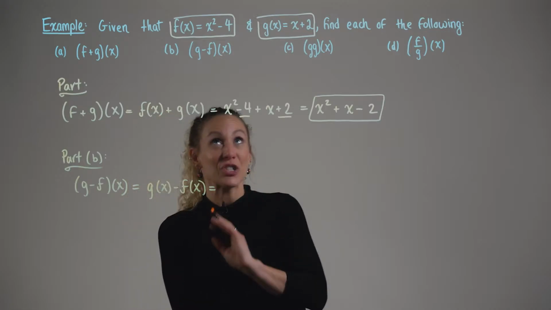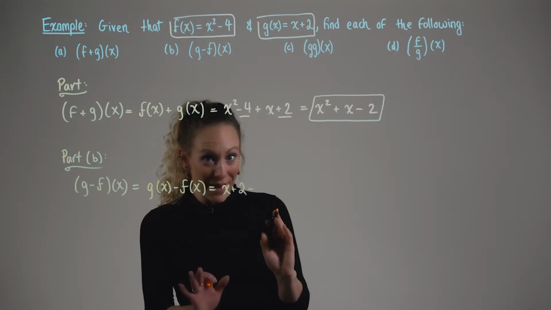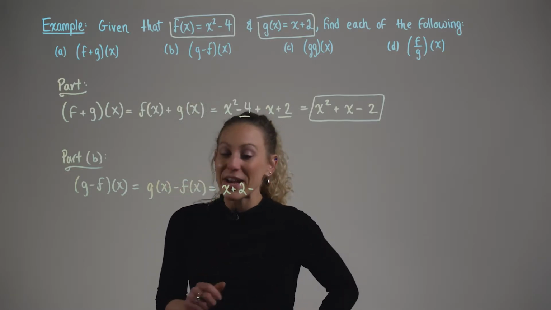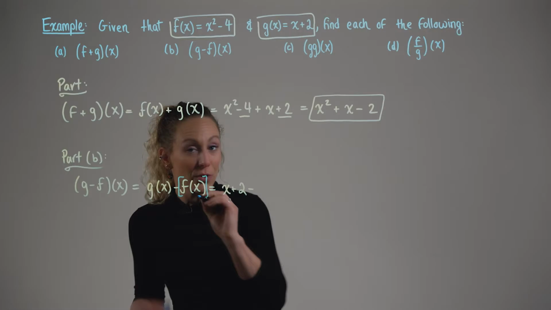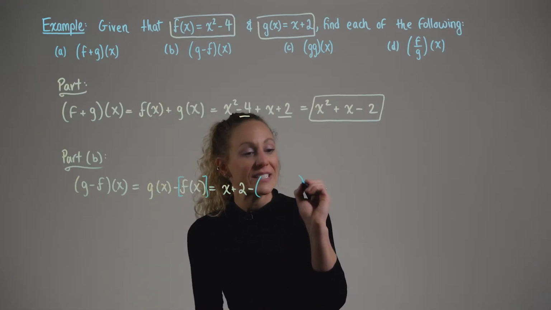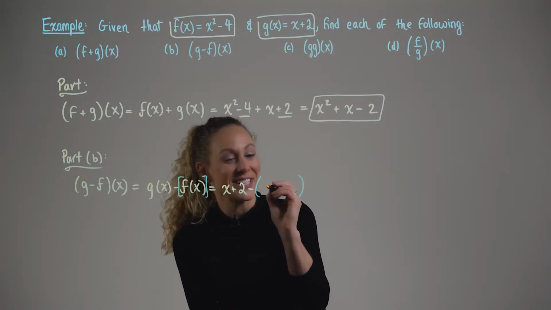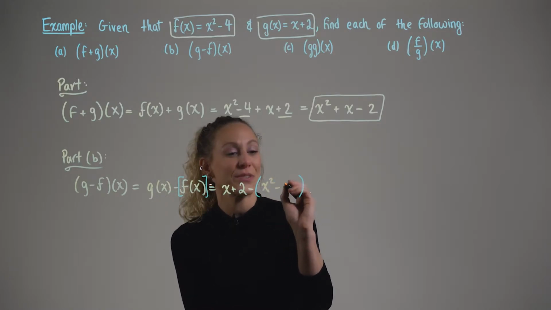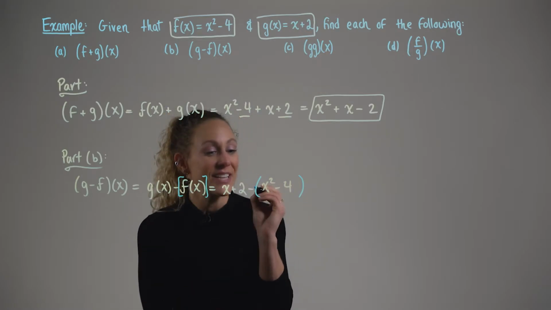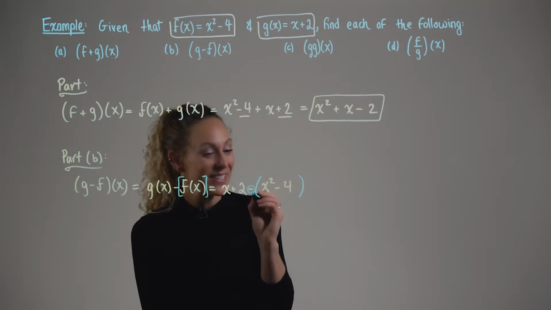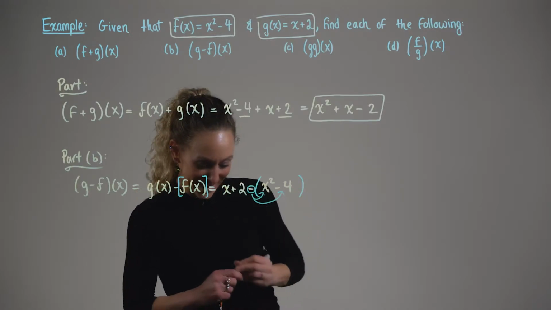So substituting g of x in, we have x plus 2 minus, and now just be careful here because we're subtracting, let's incorporate parentheses around the entire f of x function. So minus parentheses x squared minus 4. And those parentheses are there to remind us to take this negative sign and distribute it through to both terms.